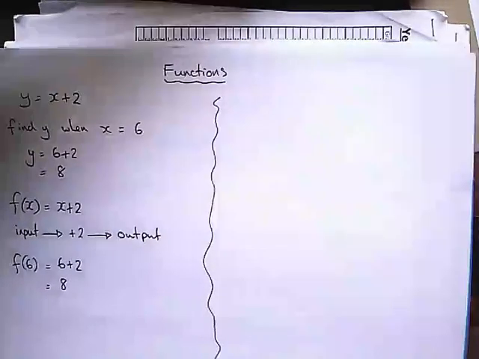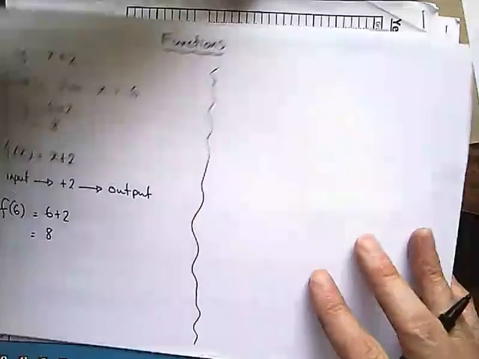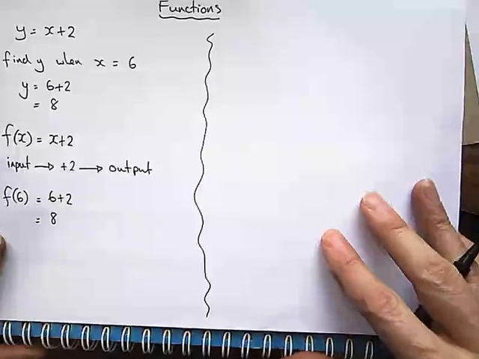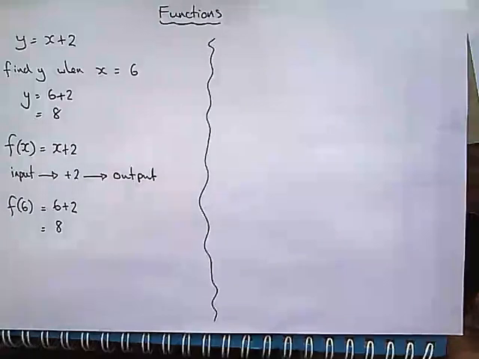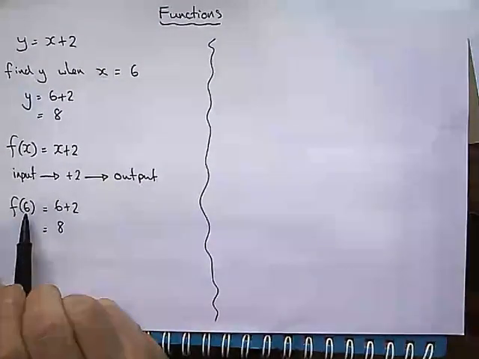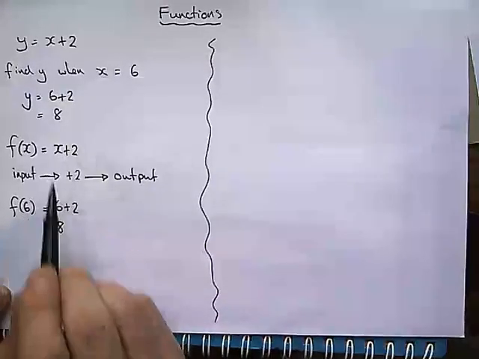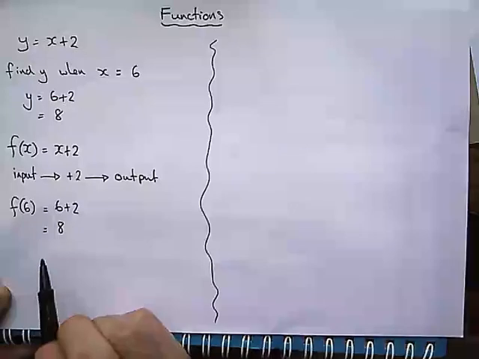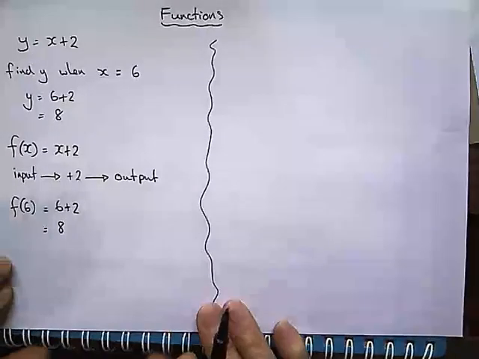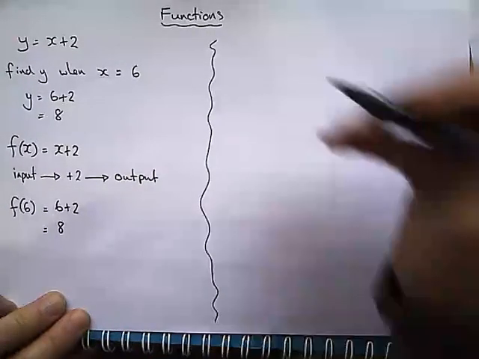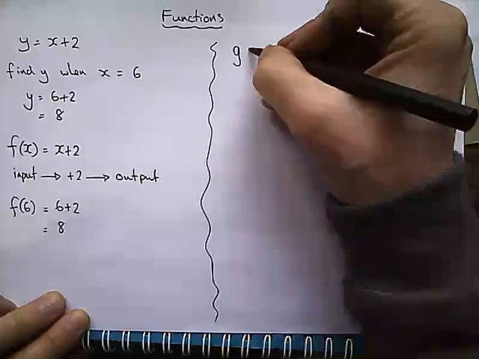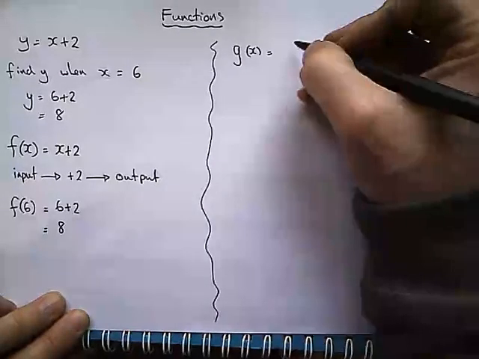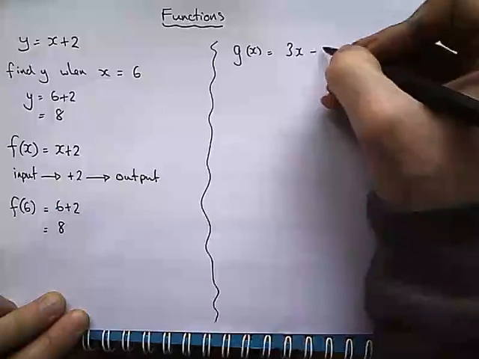You get given your function. If they ask you to find a particular value, and it's normally the number, it is the number inside the bracket, you replace any x value with that number. So I might get given another function. For instance, I might get given the function g of x equals 3x minus 4.